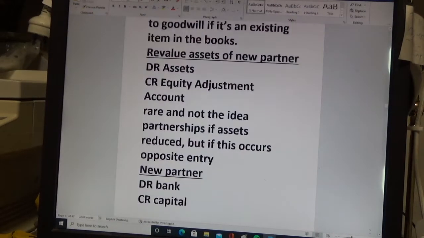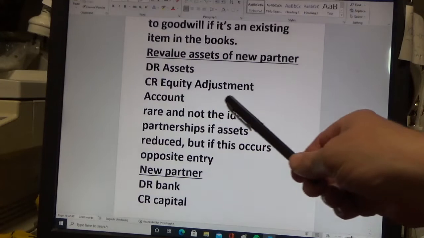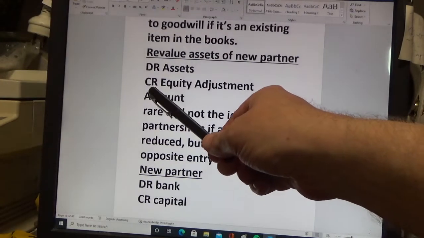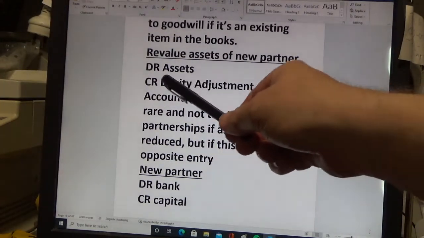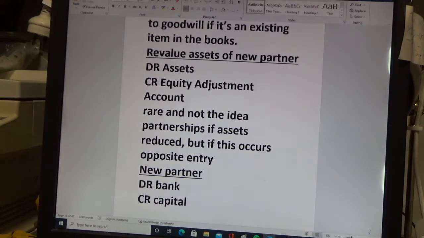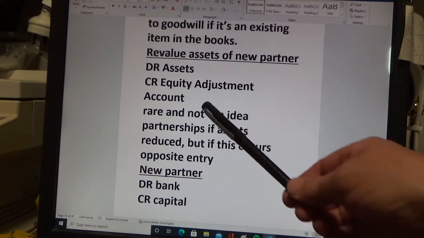And another step for the new partner is revaluation of assets, and the go-to account here is equity adjustment account. Credit equity adjustment account, debit assets when they can't come in with new assets. If assets go down, are reduced, it's opposite that.